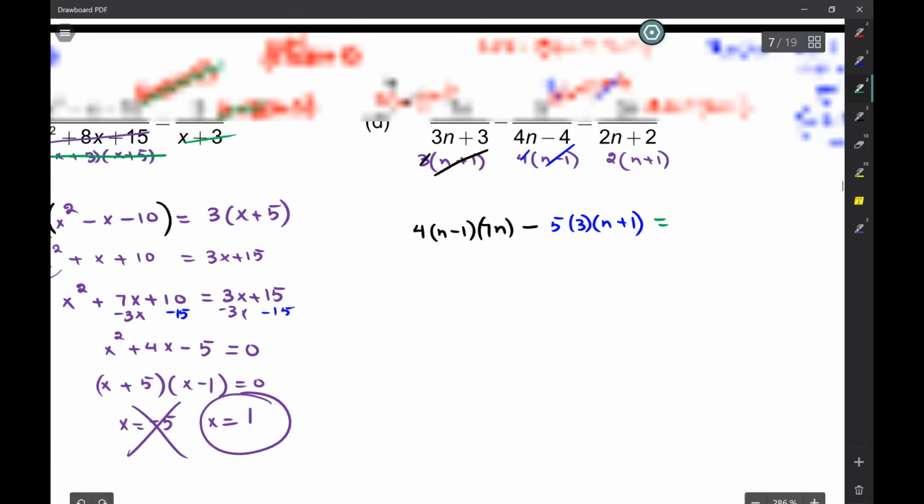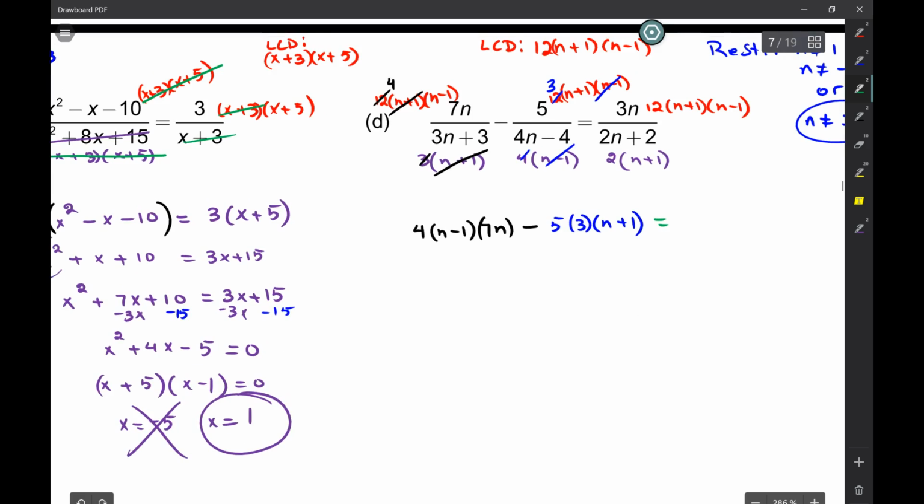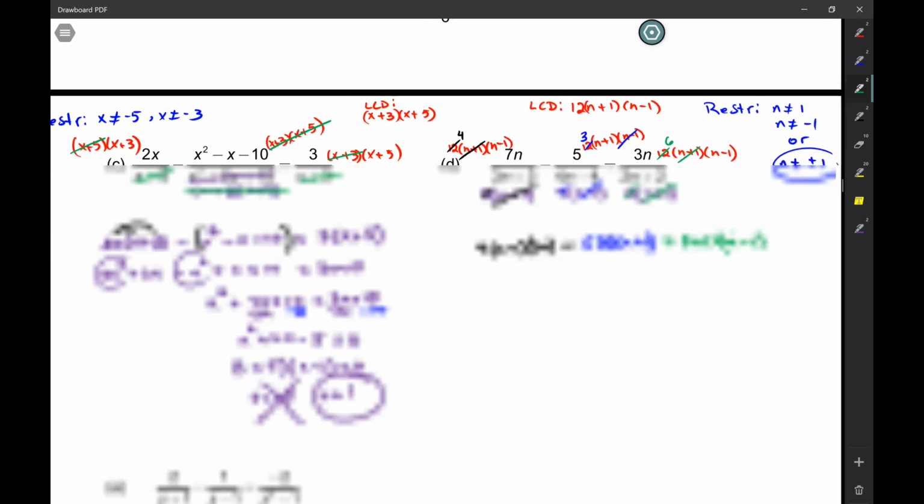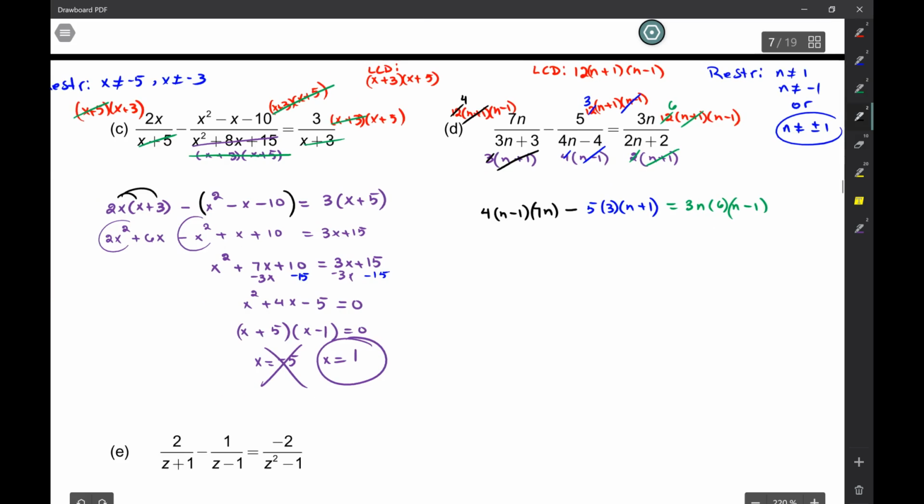Because the 5 was already there, and then the 4 and the 12 made it a 3. Okay, then n plus 1 and n plus 1 will go away, and I will have 3n times 6, n minus 1. Okay, what's going to happen with this part here?